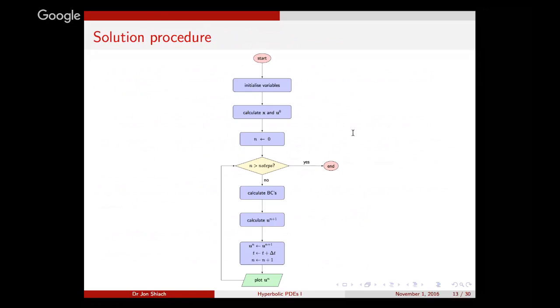You calculate your scheme, which is the first order upwind scheme, and then you update your solution, so your UN becomes UN plus 1. You've updated it and it's ready for the next iteration. You increment t by dt, or delta t, and you add 1 to your counter if you use one. And if you want to, you can plot it, and that will give you an animation.